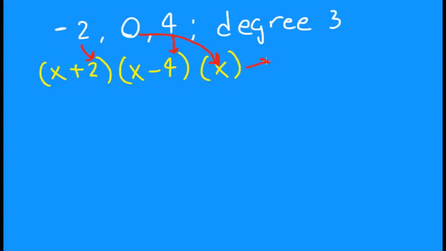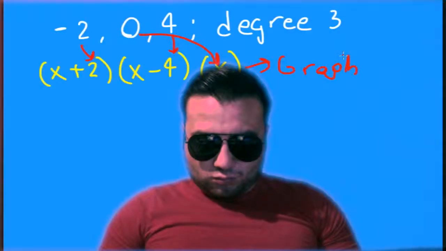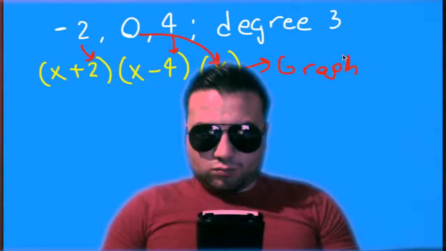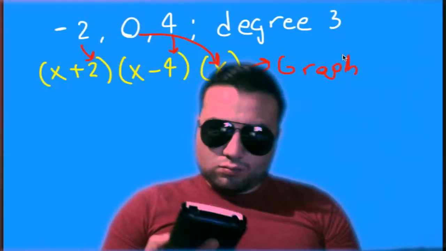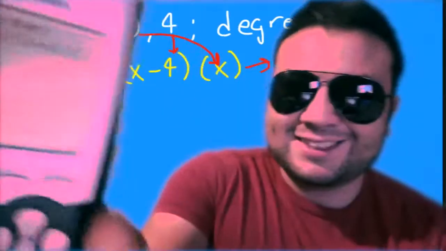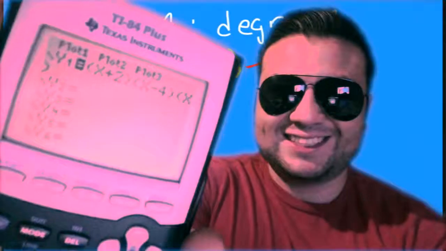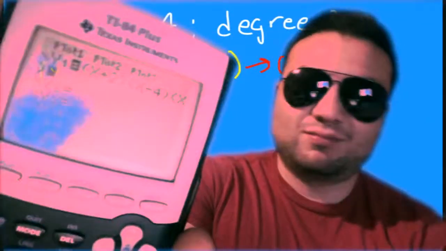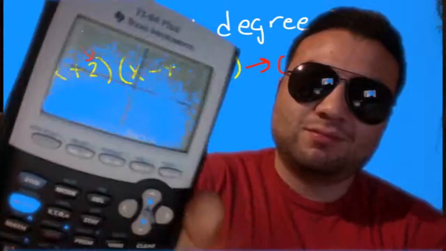So now we graph this, right? Let's go. Y, x plus 2, x minus 4, x, graph it. Then take a look at your options and start graphing your options.